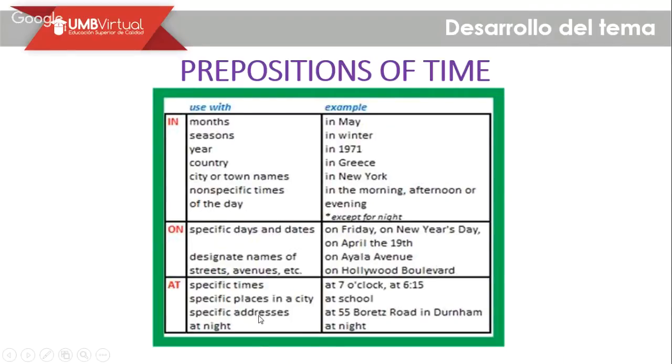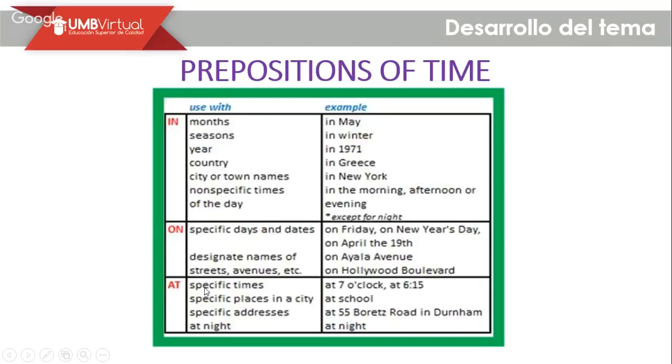So look at these examples. For the first one we had on Friday, New Year's Day. The first one is going to be the day of the week. Always we have to use this preposition. Later we have on the specific date, on April the 19th, which is the complete date. On Ayala Avenue, which is the name of it, on Hollywood Boulevard.